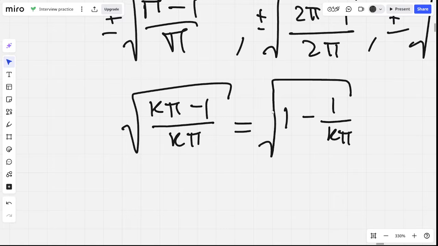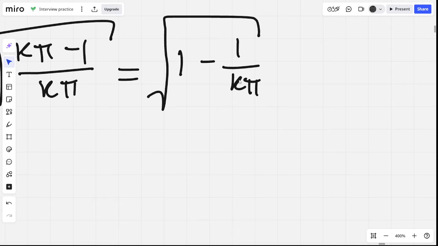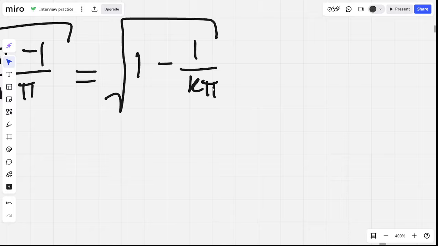And I think this is a very important step because it allows me to realize that as k pi increases, 1 over k pi becomes a smaller number. That means I'm removing a smaller value from 1, and because for numbers from 0 to 1, when you square root them, you actually get a bigger number.